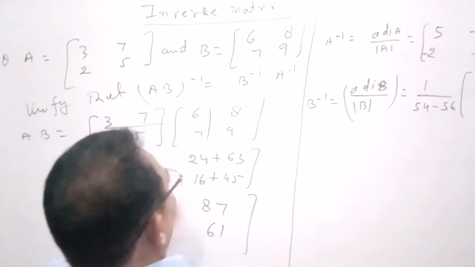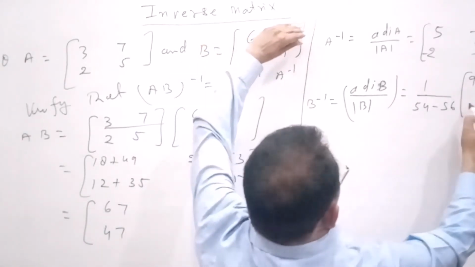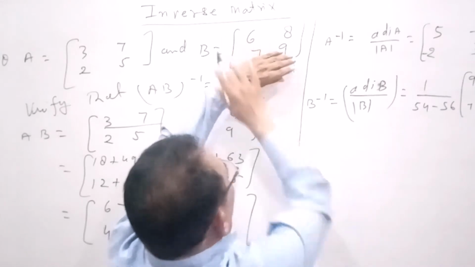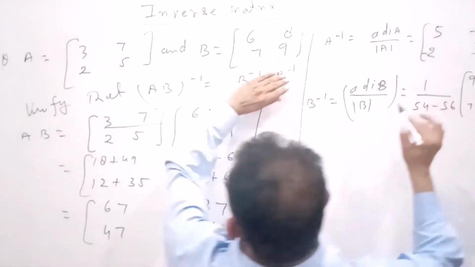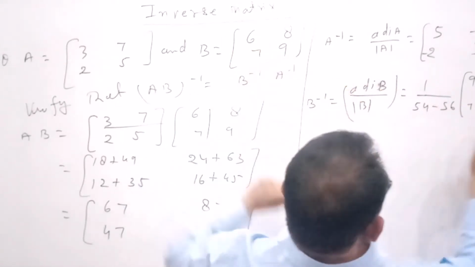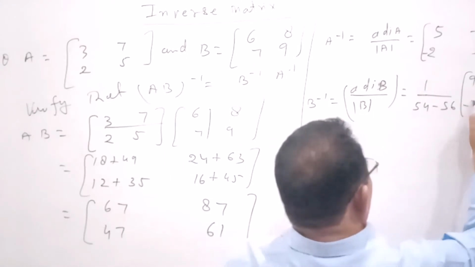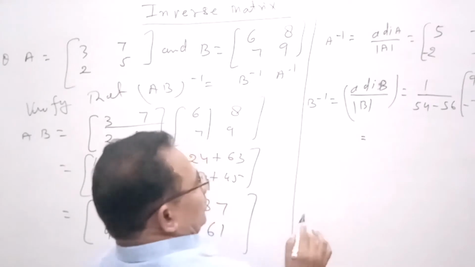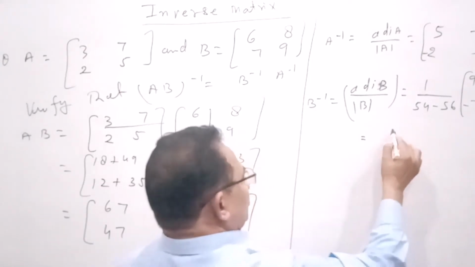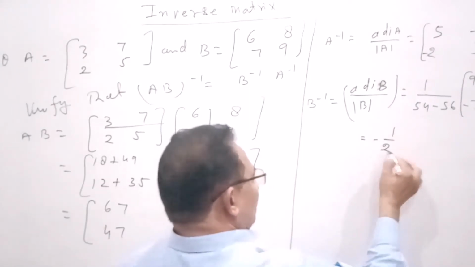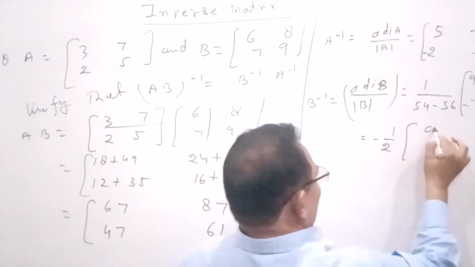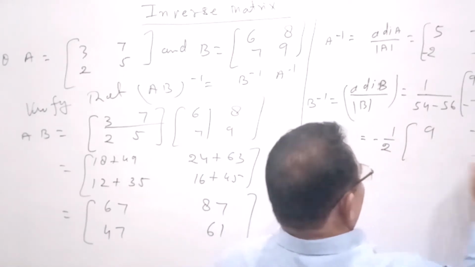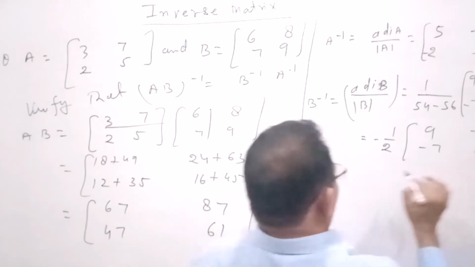You see 9 7, and that is 8, and that is 6, then minus 7 and minus 8, and this is equal to 1 by minus 2 of 9 minus 8 minus 7 and 6.